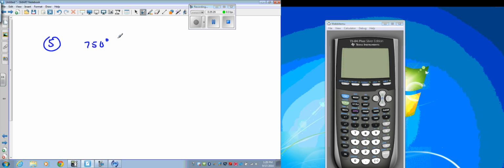So if we subtract one 360, are we between 0 and 360? So do it again. And then our reference angle is? You're at 30, you want to get back to x, it's just another 30, right?